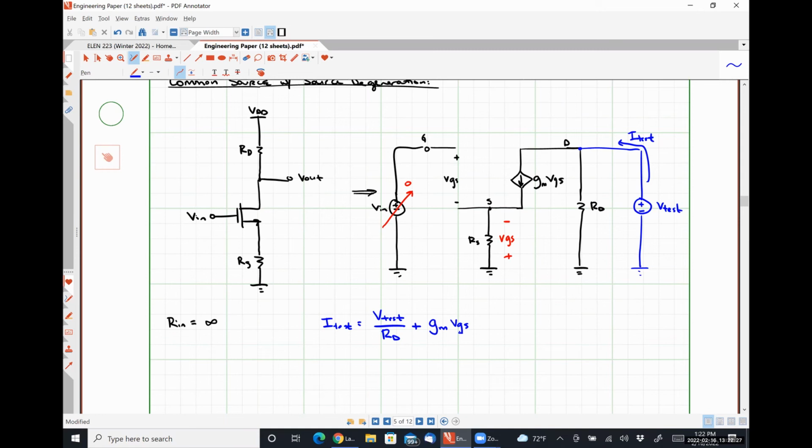Actually, yeah, no, let's leave that like that. Sorry. Okay. Sorry, I'm getting confused by my notes here because I have VGS is equal to negative I test times RS, which I don't necessarily agree with. Should have looked at this beforehand.